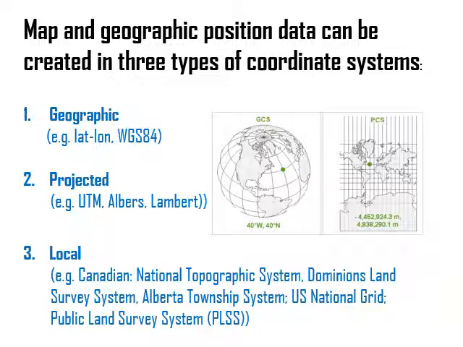So UTM projections, Albers, Lambert projections. And each of those come with certain restrictions because a flat sheet is not your curved Earth surface. And finally, there's the local coordinate system that's mostly in grids that indicate on a local map where you are and sometimes who owns the land or where your roads are.